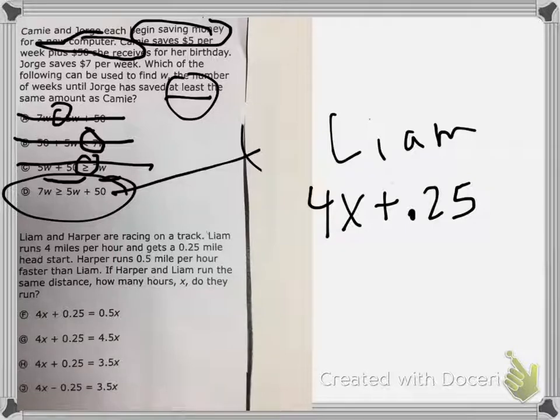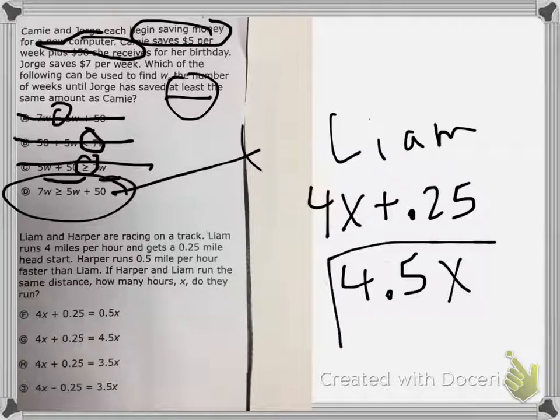All right, and then next it says Harper runs 0.5 miles per hour faster, or 5/10 of a mile faster. So I'm going to add 5/10 to 4, and that would make that 4.5. So that's his miles per hour, 4.5 miles per hour. So I'm going to box that in, and that's going to be for Harper.